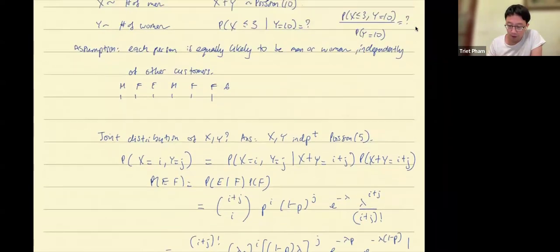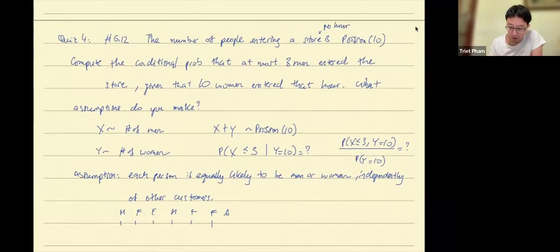And so with that said, what's the answer here? You see here, because X and Y are independent, this will be a product of this and that.